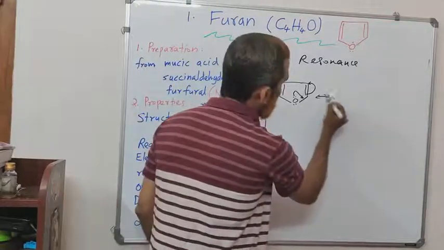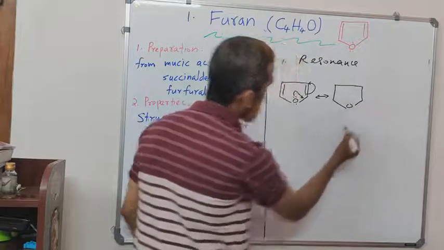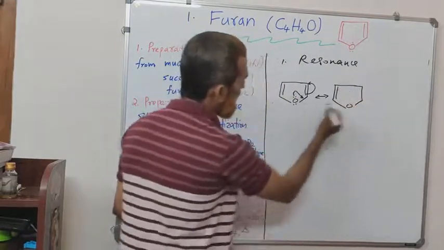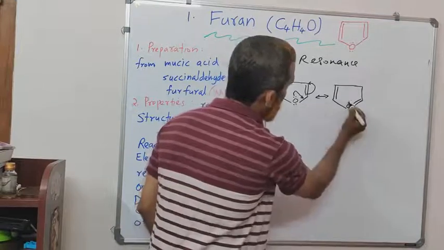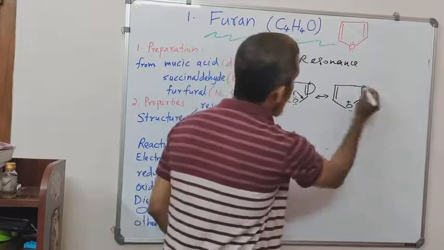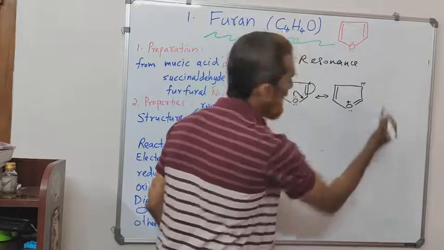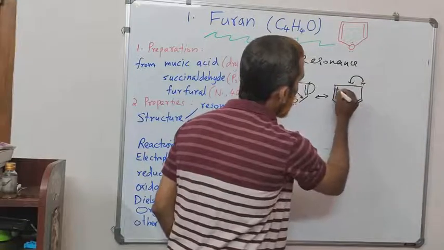We get the second structure. So what do you get? This is intact. This becomes double bond here. One lone pair is intact, and here comes a positive charge, correct? And this is moving on to this carbon, appears as a lone pair and negative charge. This will continue.